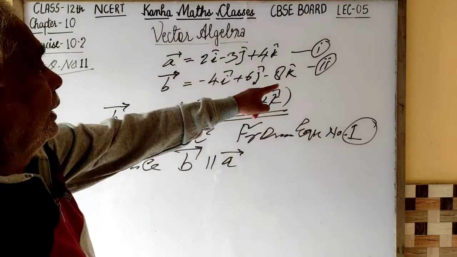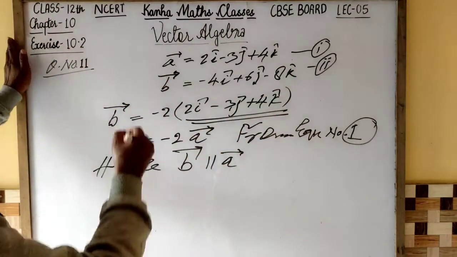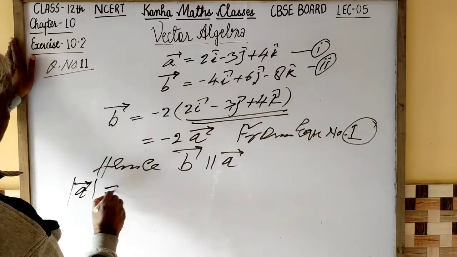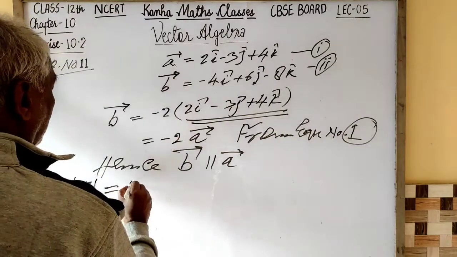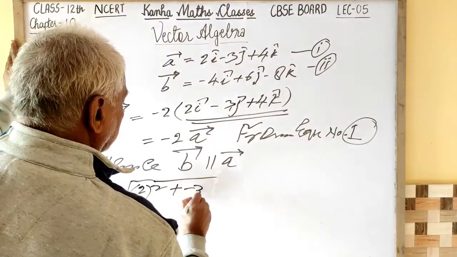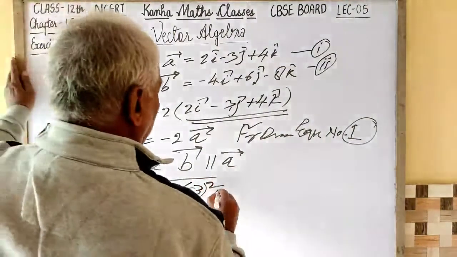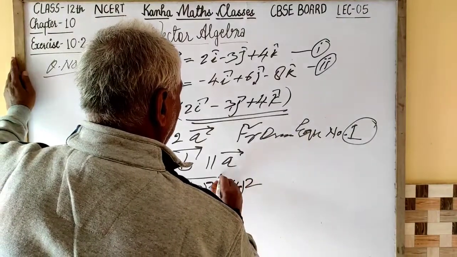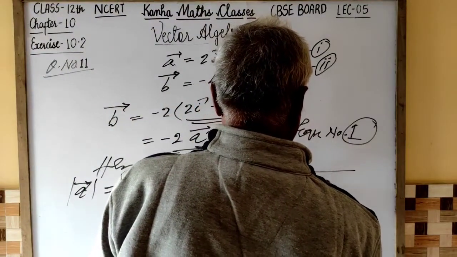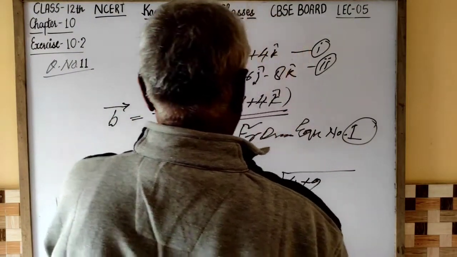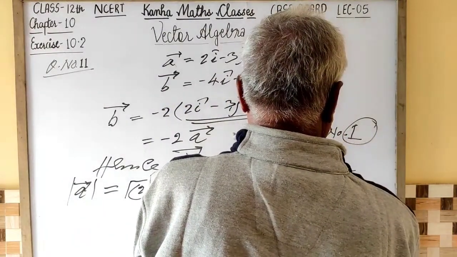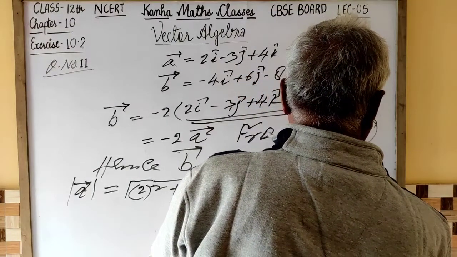But we see by simple inspection that the magnitudes of vector A and B are clearly different. For the sake of convenience, take the magnitude of vector A: mod of vector A is equal to the square root of 2 square plus minus 3 square plus 4 square, that is 4 plus 9 plus 16, which is root 29.